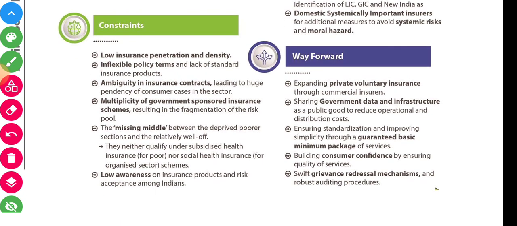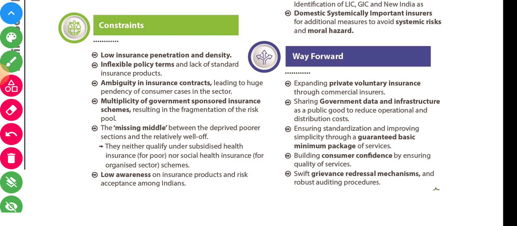What are the constraints regarding the insurance sector? Low insurance penetration and density, inflexible policy terms, ambiguity in insurance contracts leading to huge pendency of consumer cases in the sector, multiplicity of government-sponsored insurance schemes, the missing middle between the deprived poorer sections and the relatively well-off.